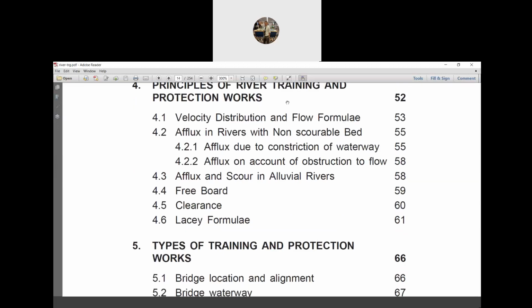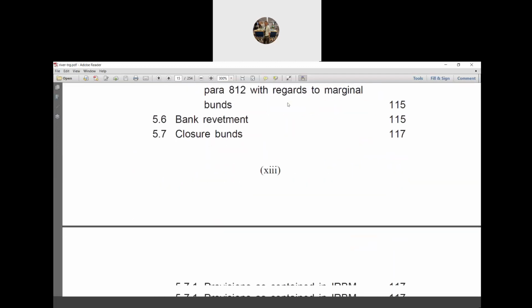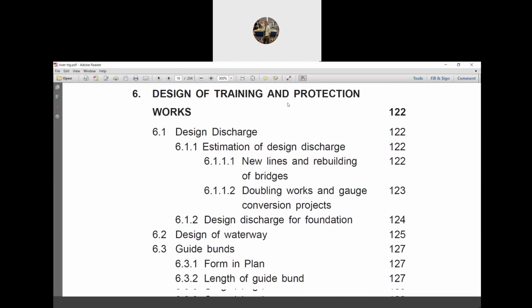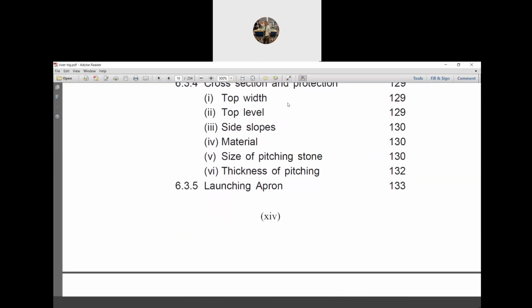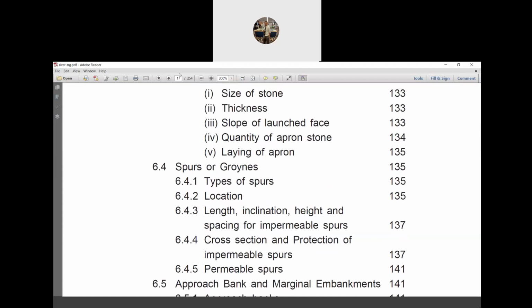One second. You can study this area, this part, page number 135 all up to 141.